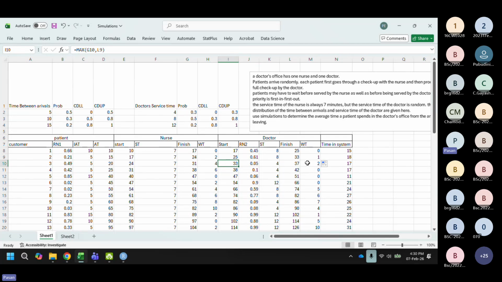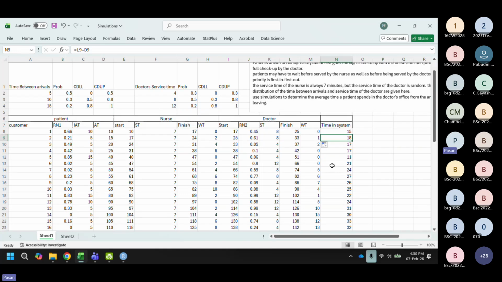This is the waiting time at the doctor's office. So there are two places, so two waiting times. And then for each patient, taking the finish time and subtracting the arrival time will give you the time they spend in the system.